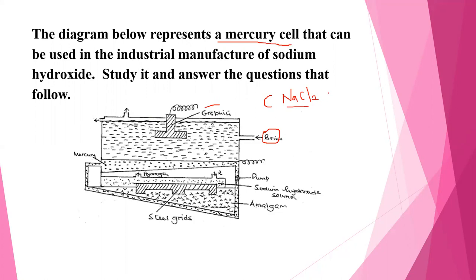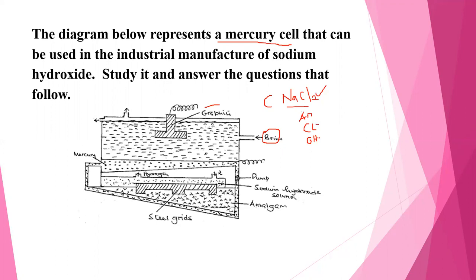But when we electrolyze this one, we know very well that at the anode, where the oxidation is taking place, we'll have two ions, which are the chloride ion and the hydroxyl ion.